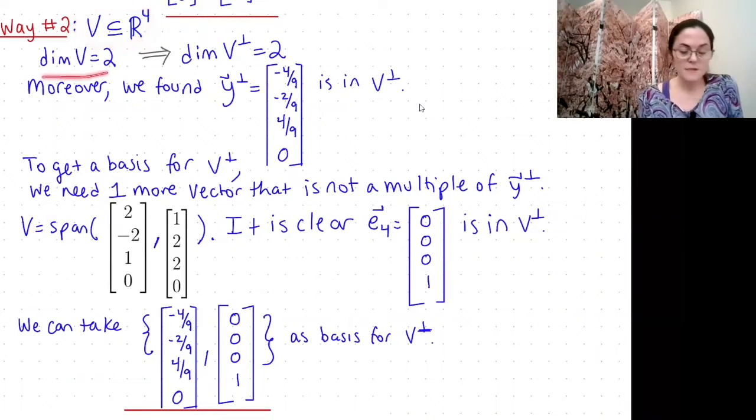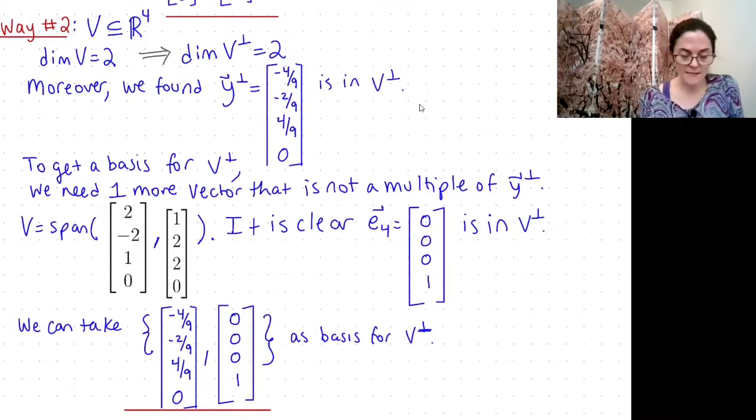We know the dimension of V is 2 because it's spanned by 2 orthogonal vectors, and orthogonal vectors are independent. So those are a basis, right? Now this says that this V perp, its dimension will be 4 minus 2, which is 2. This is what we get by this sort of dimension counting.